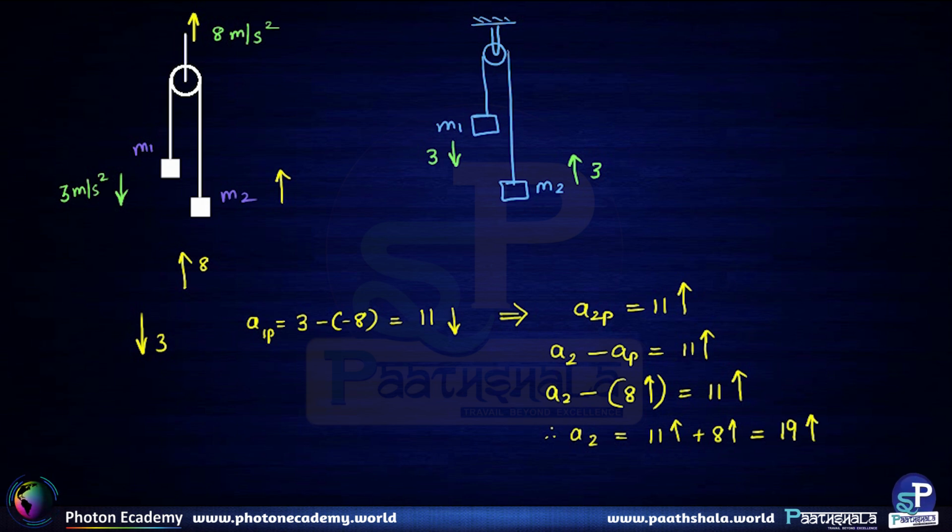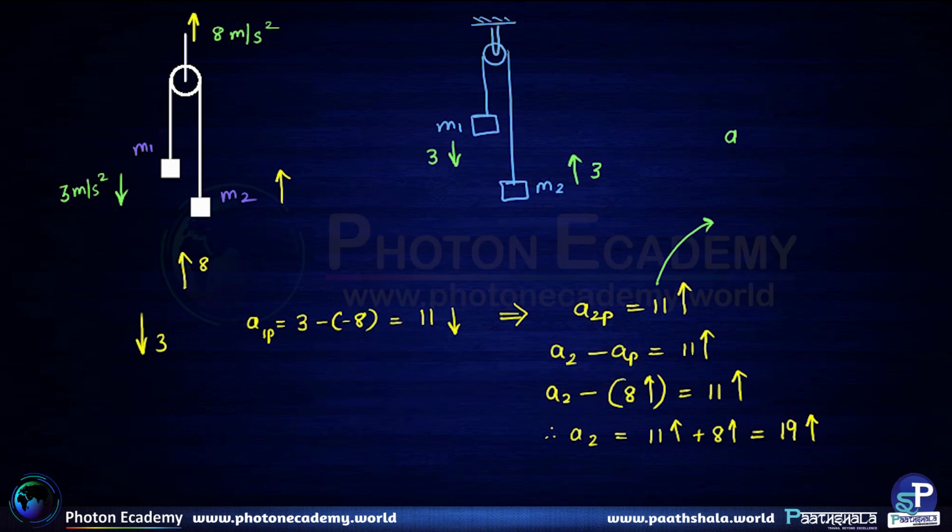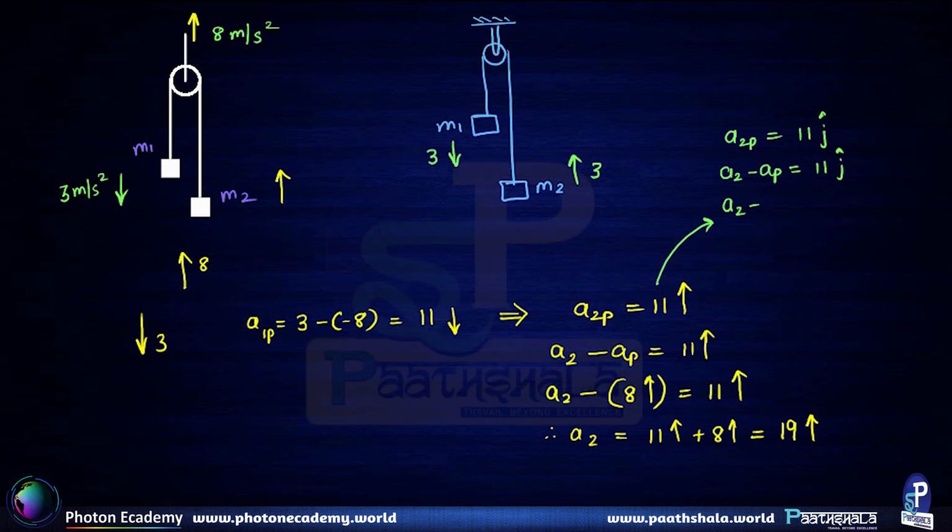Students who are uncomfortable with this upward direction can replace it with j cap. So I could have written that A2p is equal to 11 j cap. So A2 minus AP, this is the concept of relative acceleration, is equal to 11 j cap. AP happens to be 8 j cap. So I could have written A2 minus 8 j cap is equal to 11 j cap. Therefore, A2 is equal to 19 j cap.